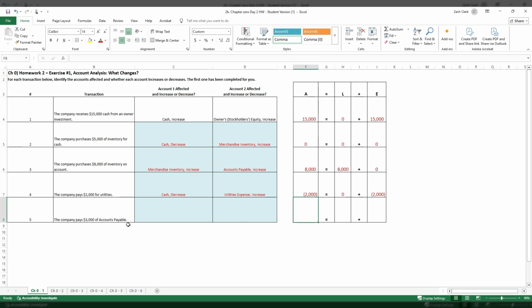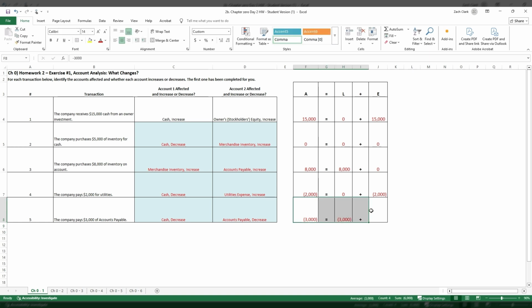Okay, so the final one says the company pays $3,000 of accounts payable. So again, cash is being paid for stuff. In this instance, we're going to be reducing accounts payable. And so previously, if we went back up here, we saw, okay, we had $8,000 of accounts payable and we got assets. Now we've got cash decreasing. We're making a payment to reduce our obligation. And so now we have accounts payable again, but this time it's going to be a decrease.